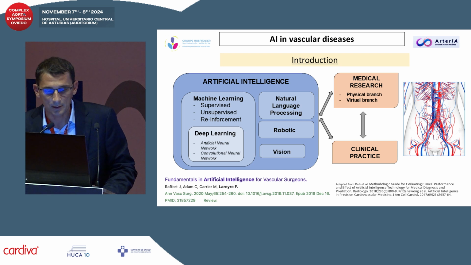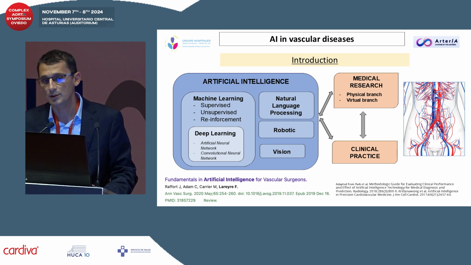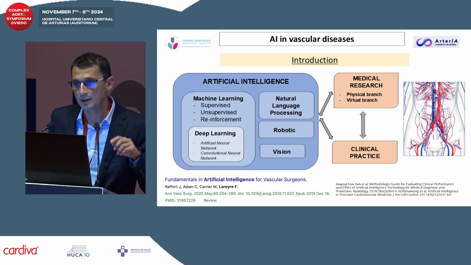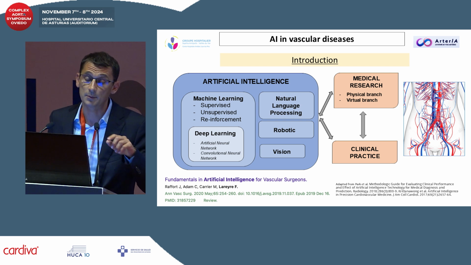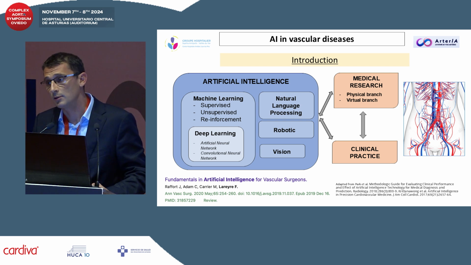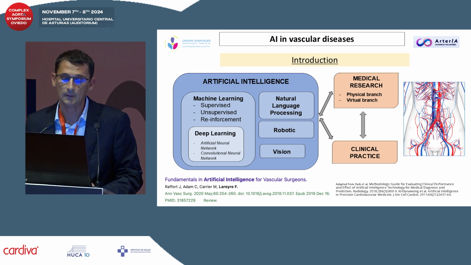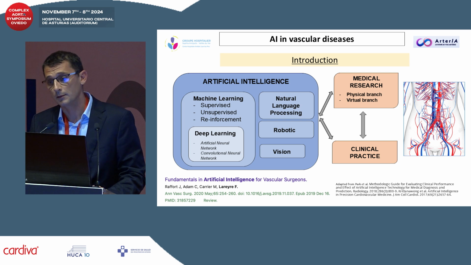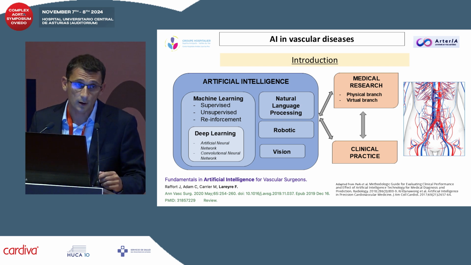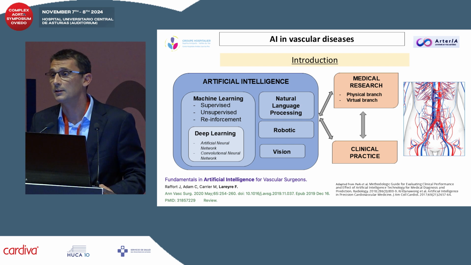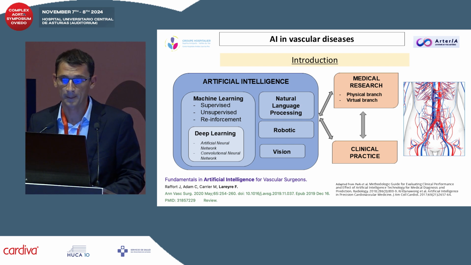Machine learning is a subdiscipline of artificial intelligence where you give the machine the ability to learn from data sets, and deep learning is a subtype of machine learning where you give the machine a large quantity of raw data. That's what we call big data. And the main AI algorithms used are the artificial neural network, ANN, or CNN, convolutional neural network.